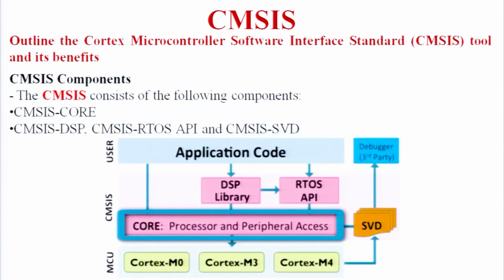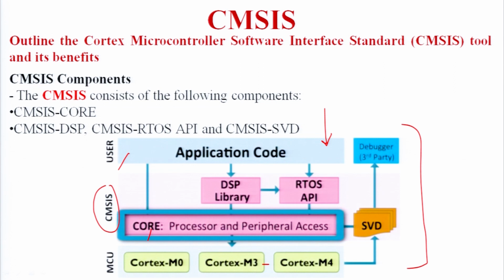This diagram is also shown here in a more compact form. Here is the application code, which we have discussed is for the user, and the DSP libraries and RTOS API, all under the CMSIS layer. For microcontroller units, for example peripherals, it has Cortex-M0, Cortex-M3. So there are three layers.